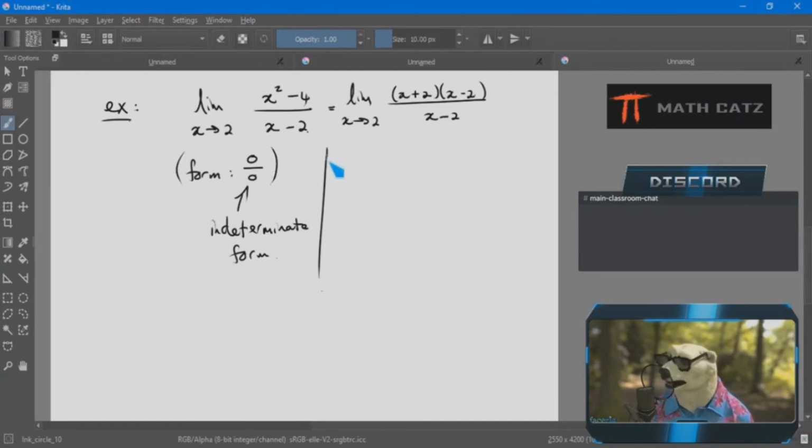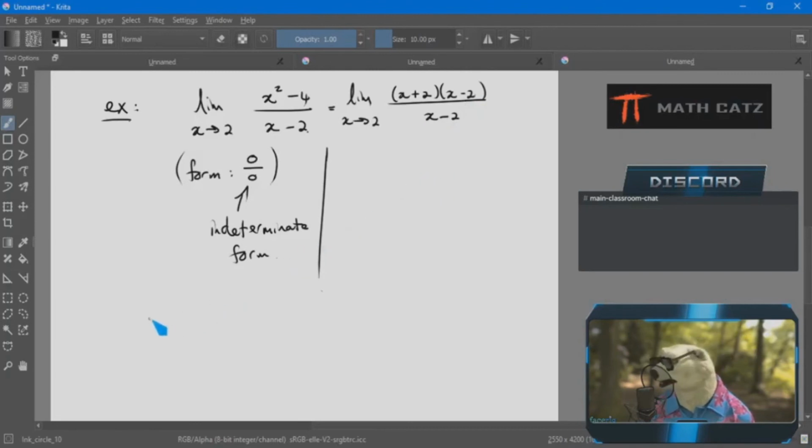Okay, so now what is this telling me here? This function, I can see a little bit more clearly that the x minus 2 piece, I call it a piece, it's a factor, I know. The x minus 2 factor appears at the top as well.